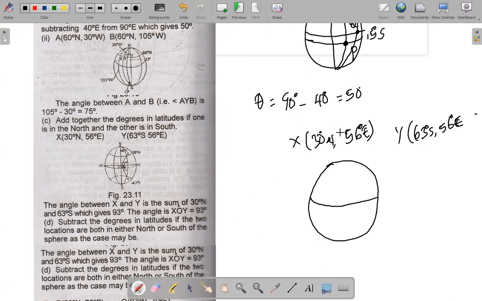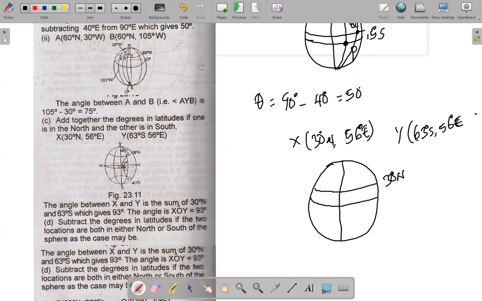The next thing is to locate this point. 30 degrees north is up on top of the latitude. 30 degrees north. Then 56 degrees east. First of all, let's get the prime meridian.